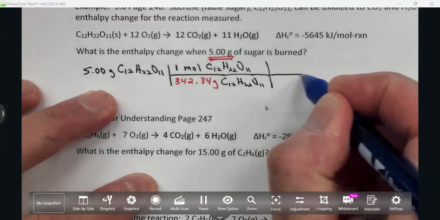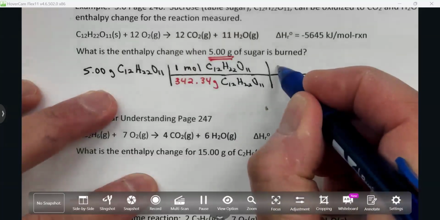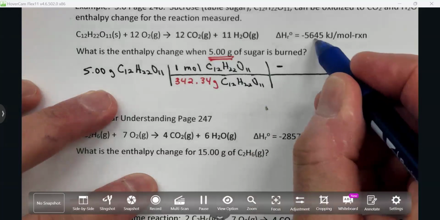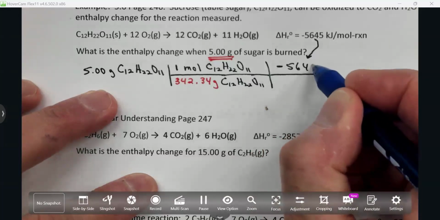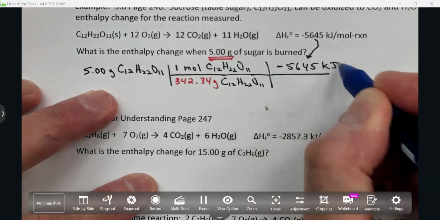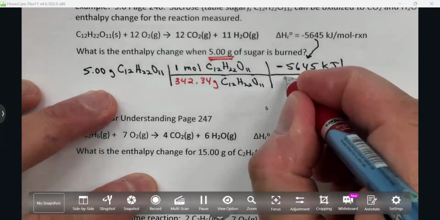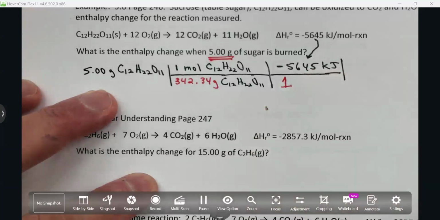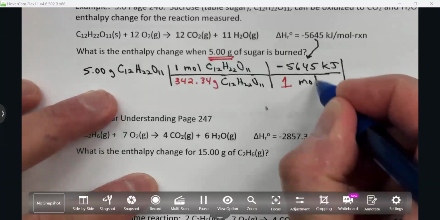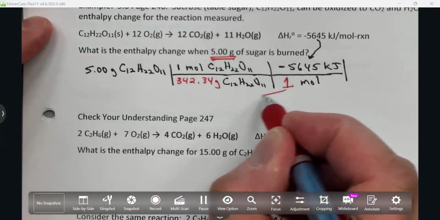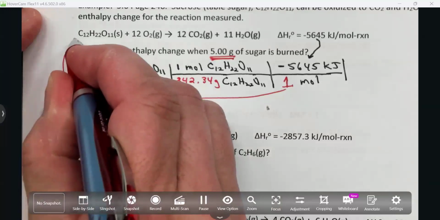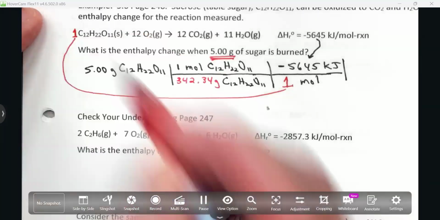Then I get minus 5645 kilojoules per 1 mole. This one we got to keep track of right here. There is a 1 there, really, if we balance the equation.